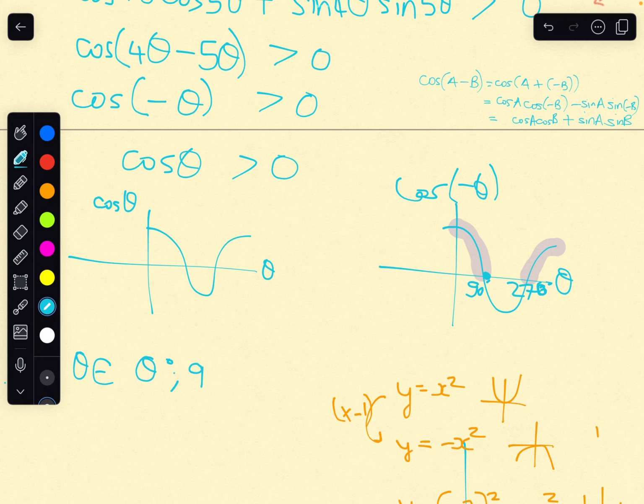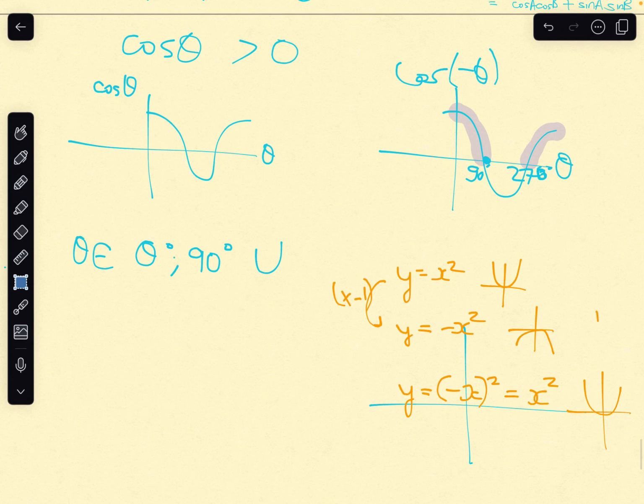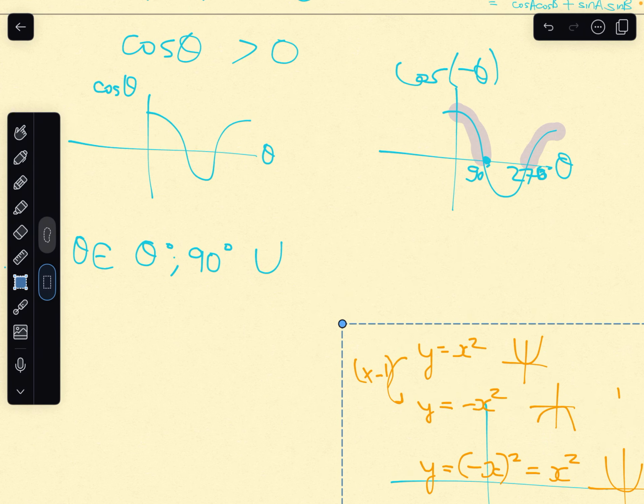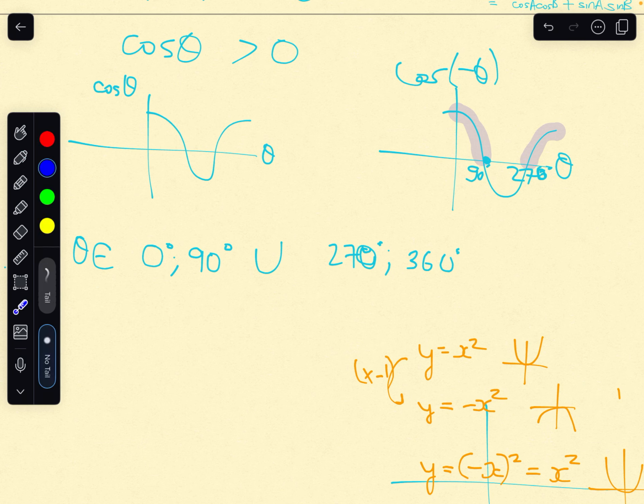So it has to be a number between 0 and 90, and then there's a union situation, because the other piece of the graph that also satisfies this condition is from 270 until 360. So 270 until 360, right? Then after I've written my intervals, I like to think about, okay, am I including theta from 0 to 90? Right, so am I including 0?